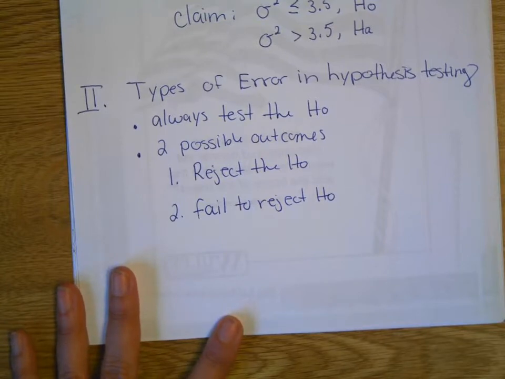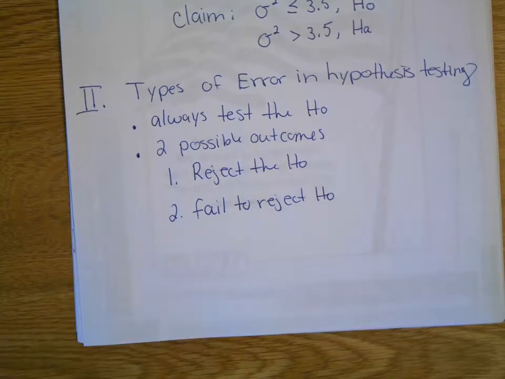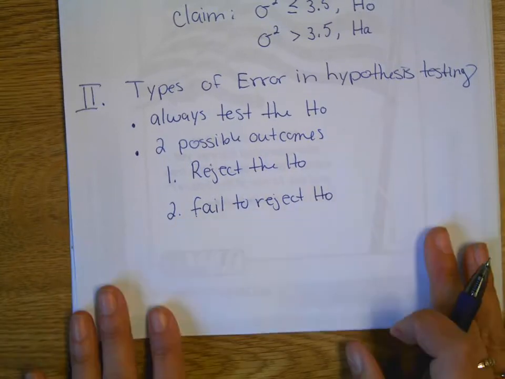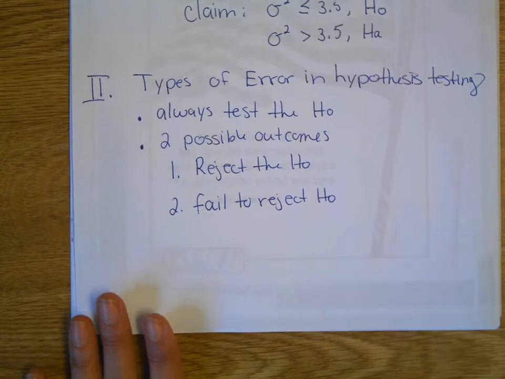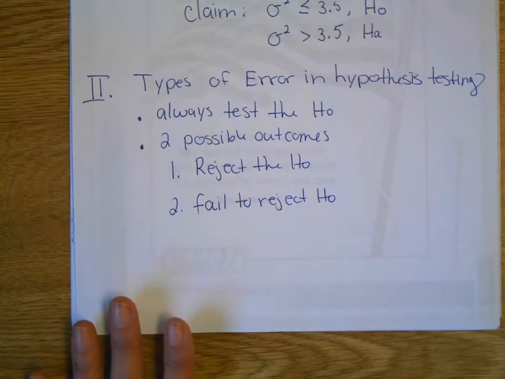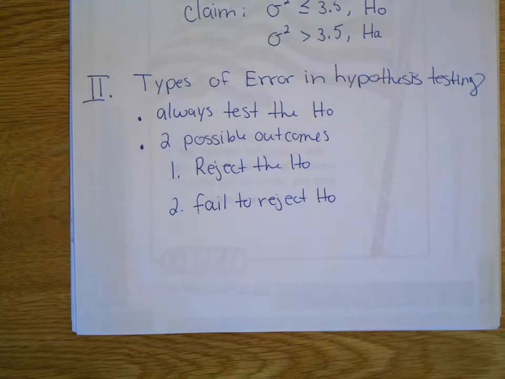All that means is, the null's still in play. I haven't been able to eliminate the null. So both hypotheses are still in play. If we reject the null, it's gone. If I fail to reject, the null's still there, but so is the alternative. They're both still in play.